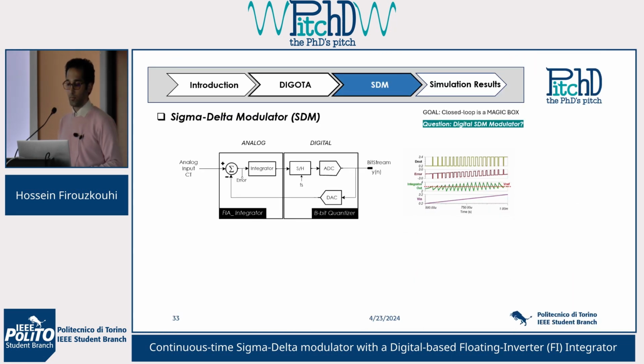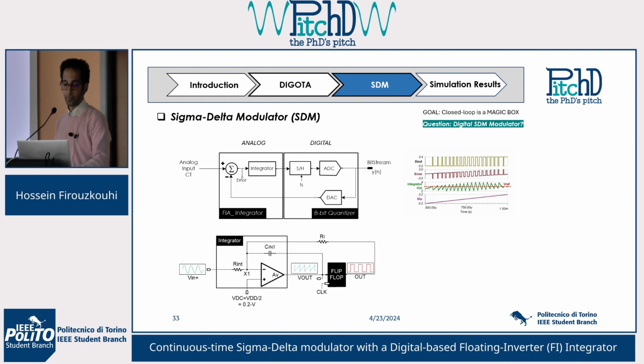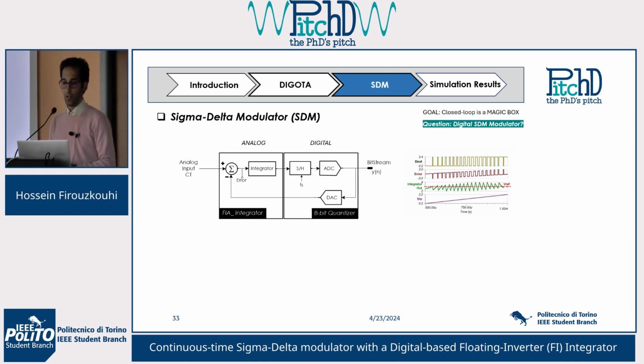So let's go back to the sigma delta modulator. As I said before, the main part of the sigma delta modulator is the integrator, which we wanted to implement as a digital implementation. As you can see here, we have two parts, analog and digital.